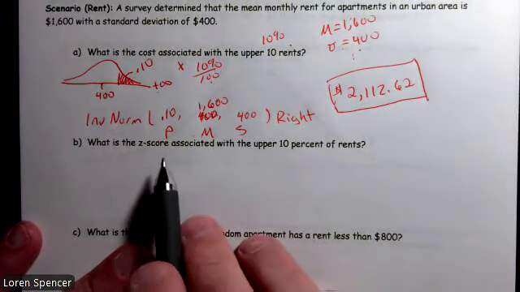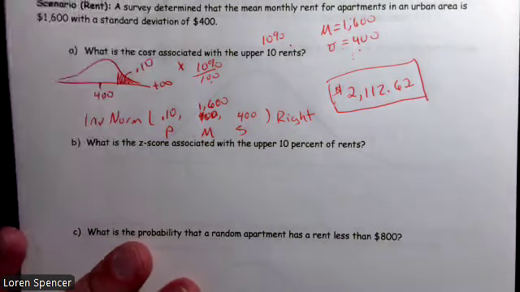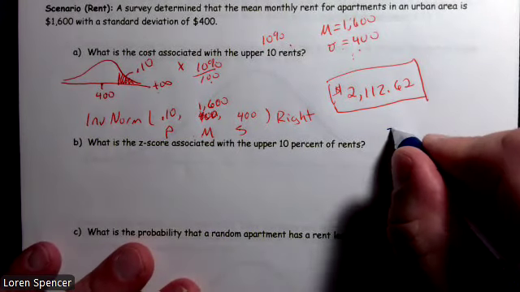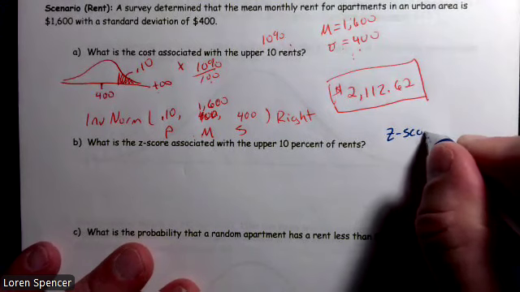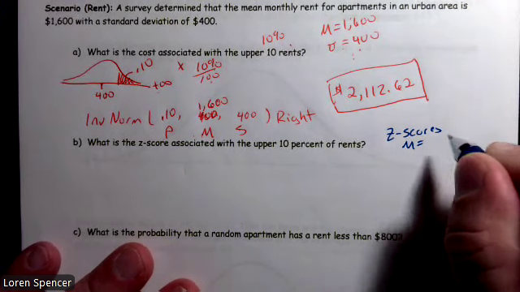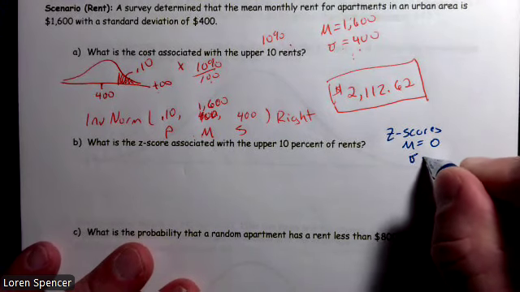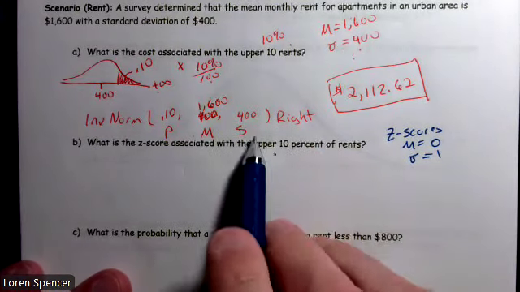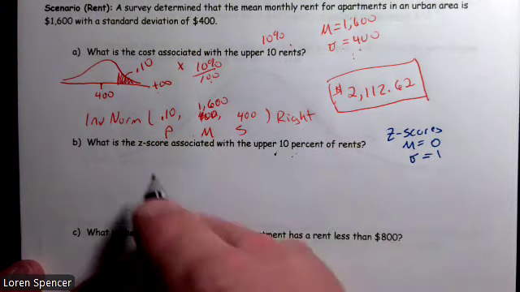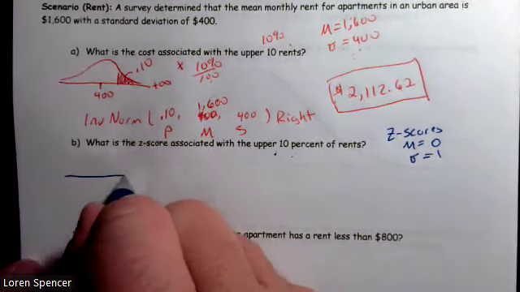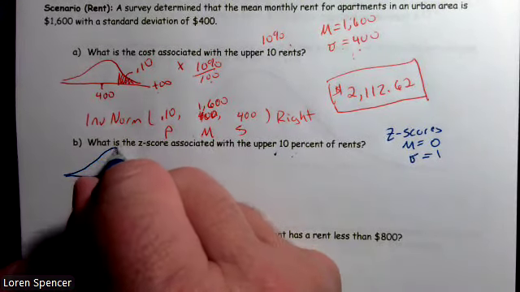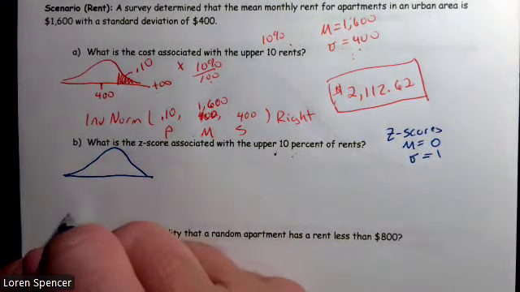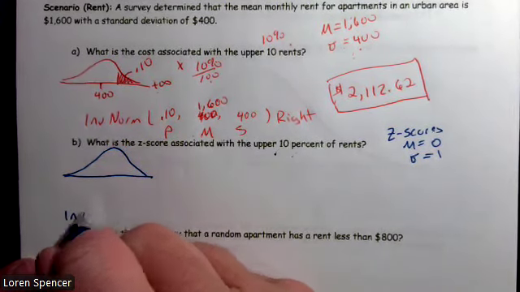All right. What z-score is associated with the upper 10%? Well, please remember all z-scores have a mean equal to 0 and a standard deviation equal to 1. So we're still talking about the same type of problem, but now we're looking for a z-score. And remember, they gave us a percent, so this tells me it's going to be an inverse norm.